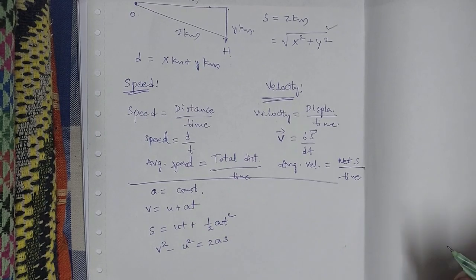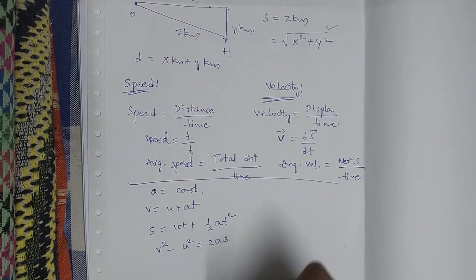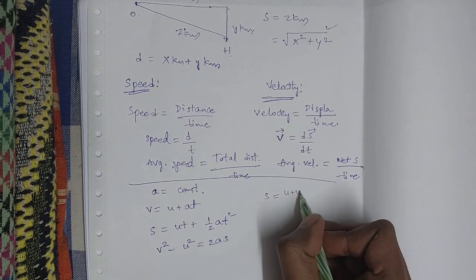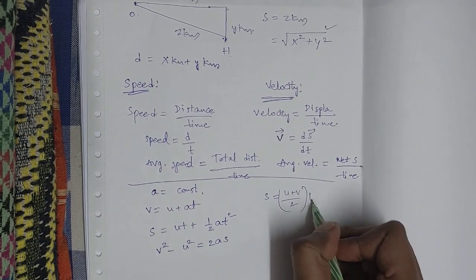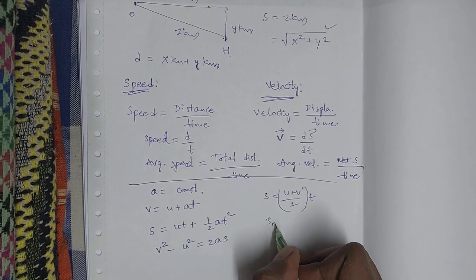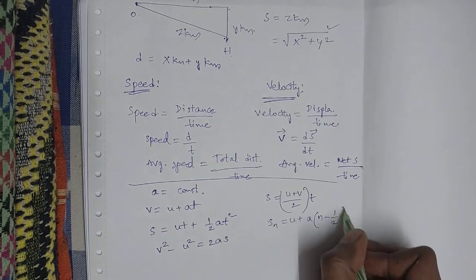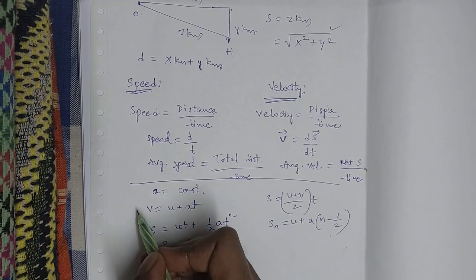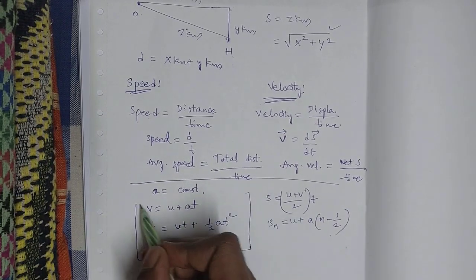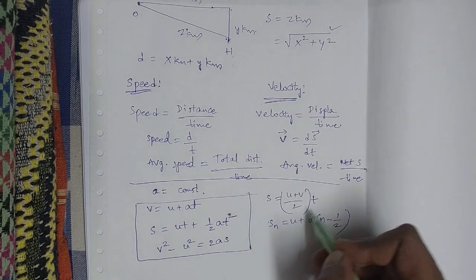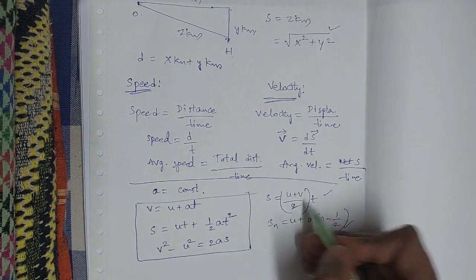And there are two other formulae which have been derived from these formulae. Those are s equals u plus v by 2 into t. Next, Sn equals u plus a into n minus half. We need to remember only these three formulae. From these formulae only we have derived these two formulae. Let us see that.